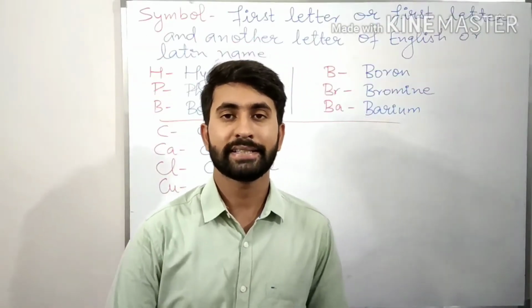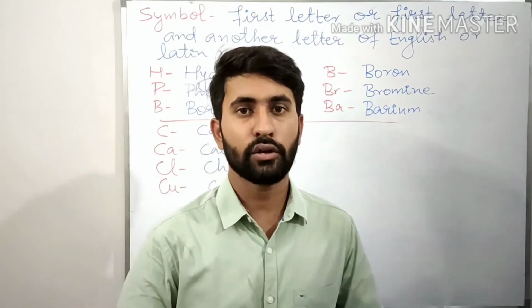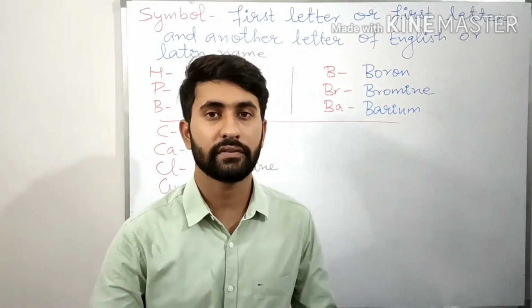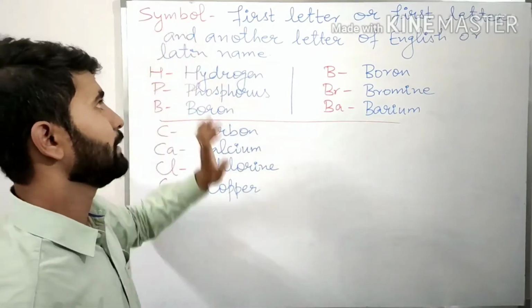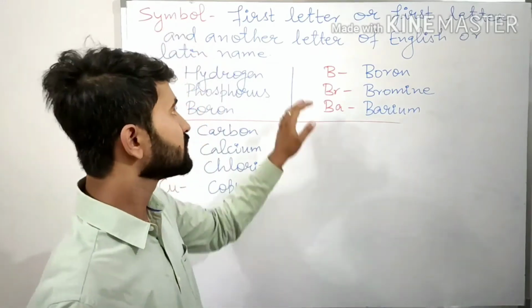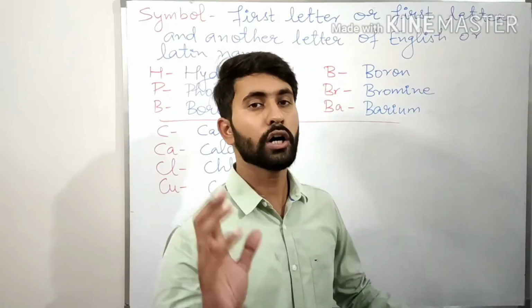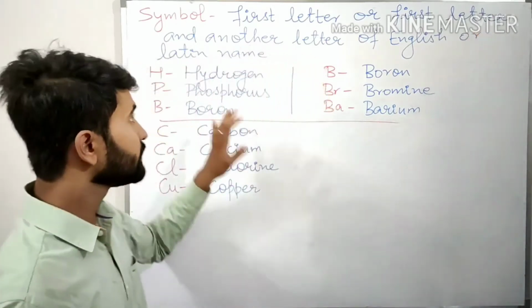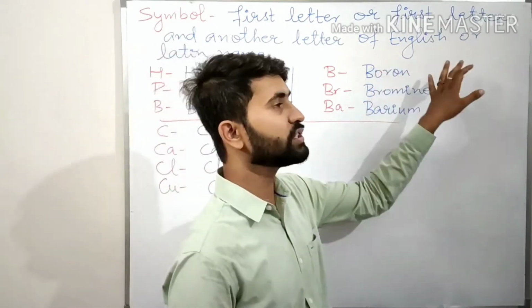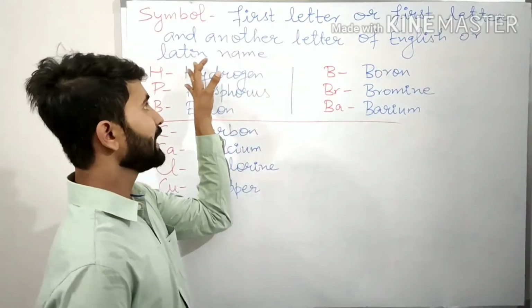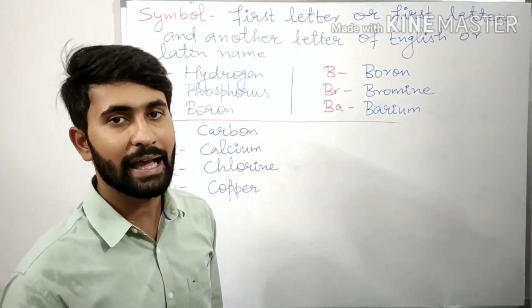So the modern day symbols are based on the idea given by J.J. Berzelius. The symbol of an element is either the first letter or the first letter with another letter, of either its English name or Latin name.